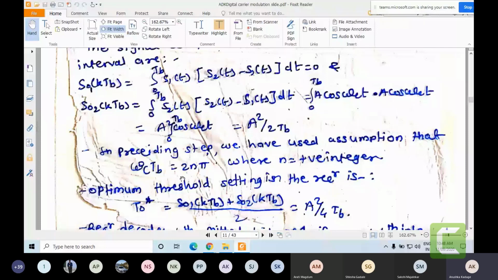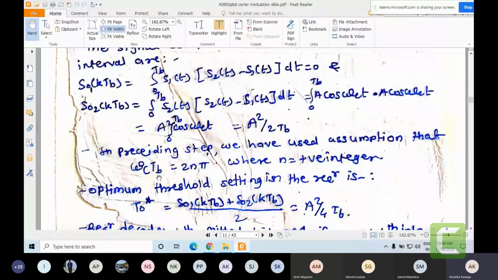Twice n pi indicates the repetition period, and this repetition period, that is periodicity, depends upon the carrier frequency and the bit period of the signal. And that's how here we are saying that the repetitiveness in the ASK modulated output will depend upon this value of carrier frequency and the bit period consideration.